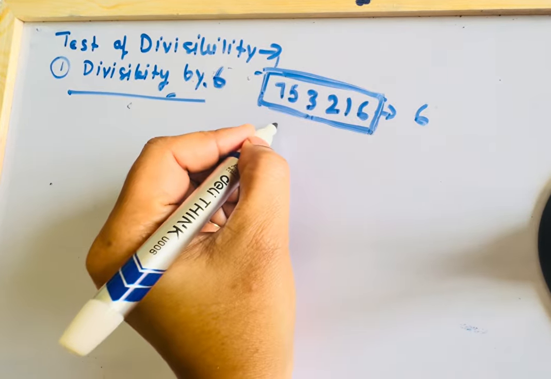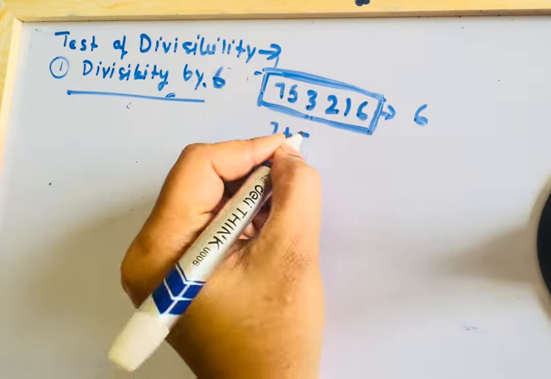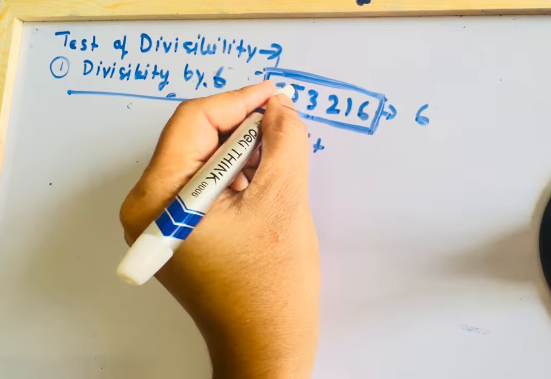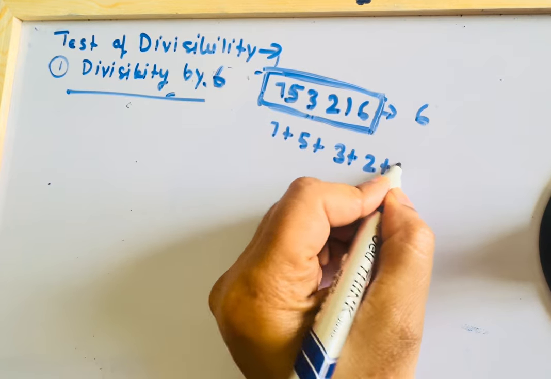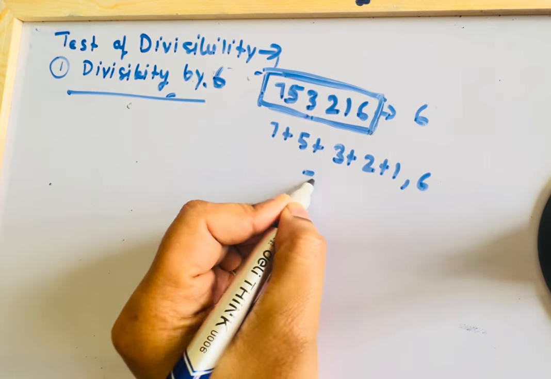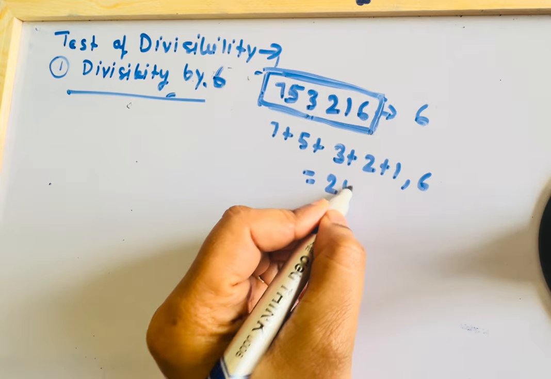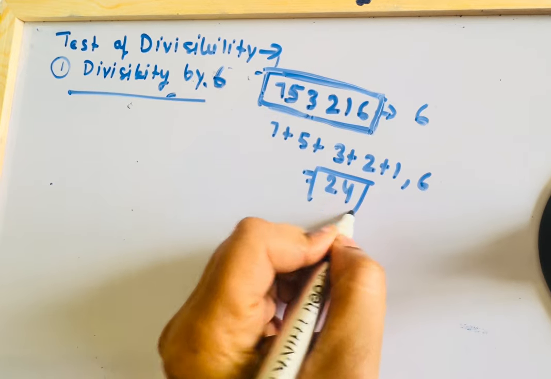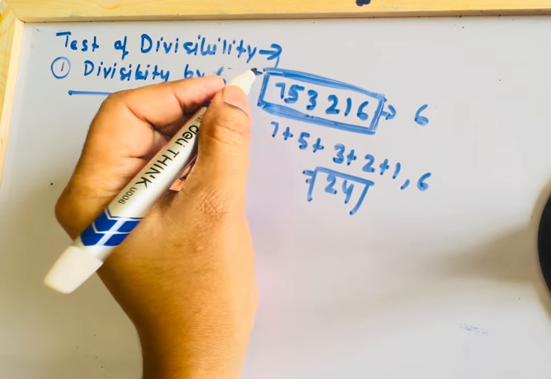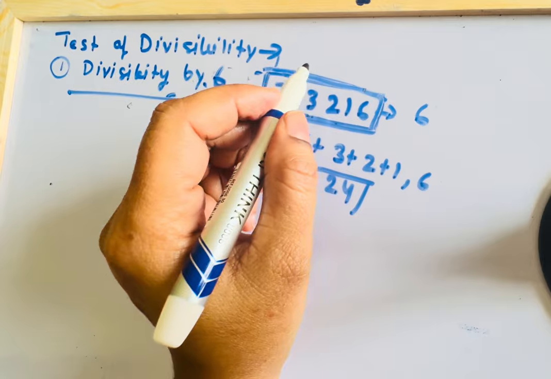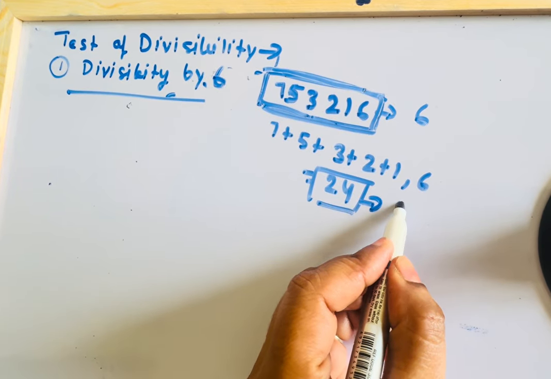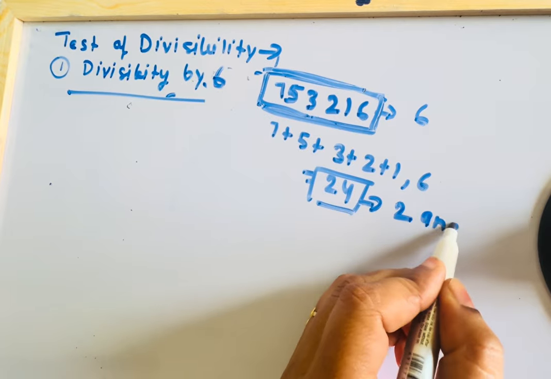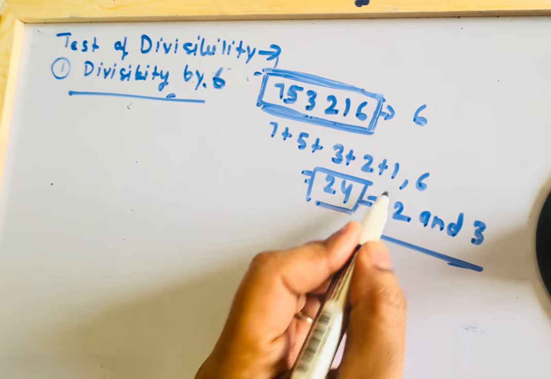For example, now you add all the digits. See, the sum of all the digits. What is the sum of all digits? 24. 24 is divisible by 2 and 3 both.